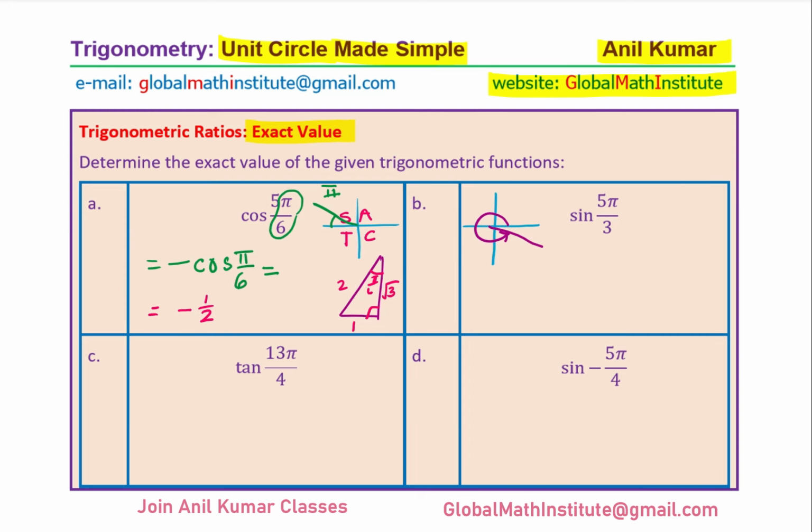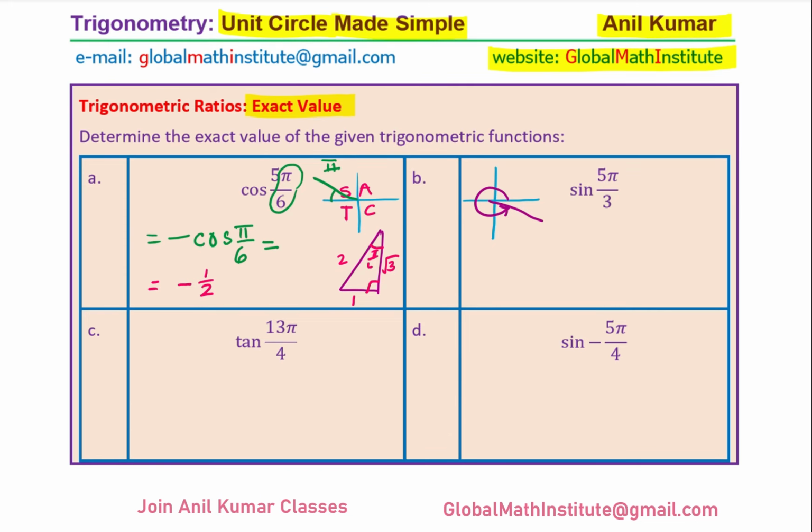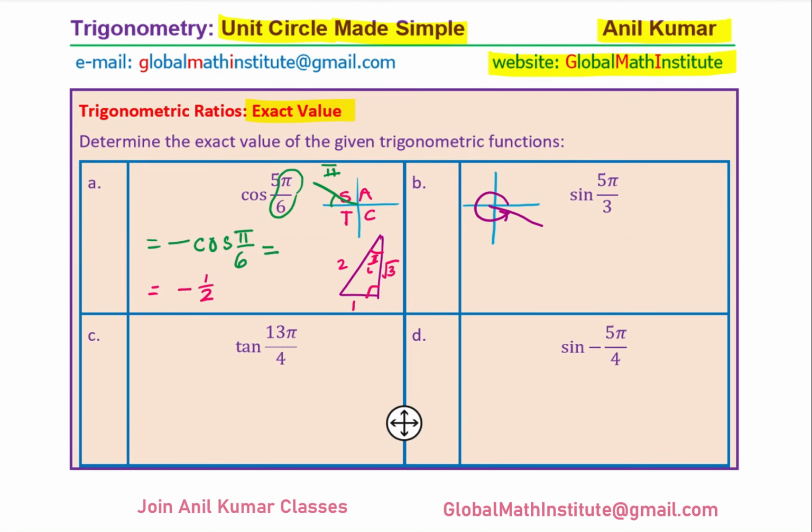So the related acute angle in this particular case is pi by 3, as you can see, right? We could write this as negative because using the CAST rule, we know sine is negative here, and the related acute angle is pi by 3.